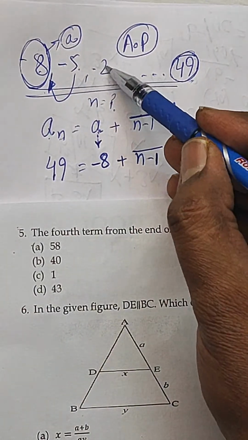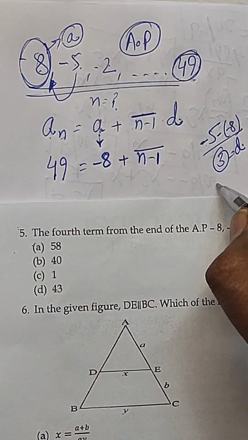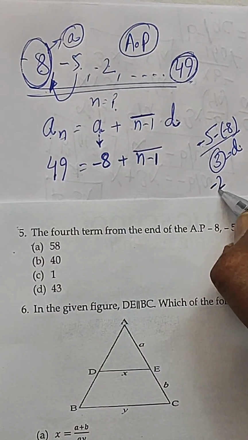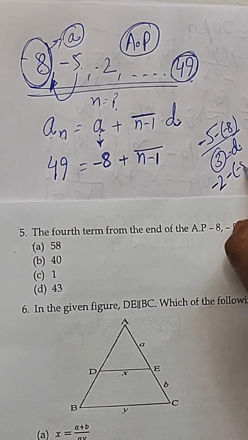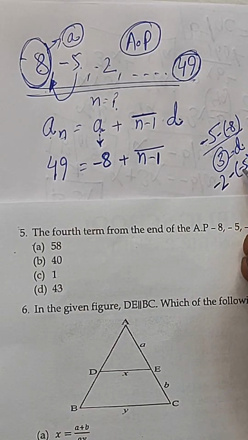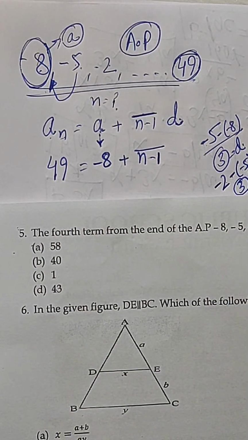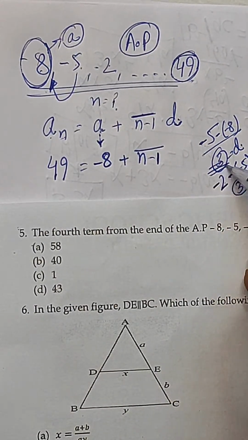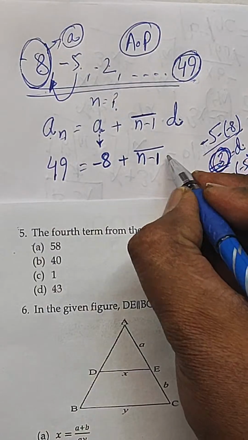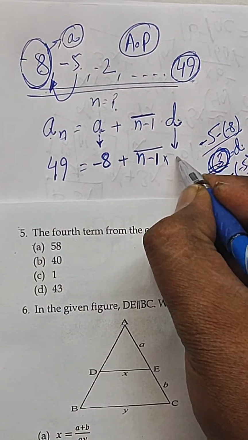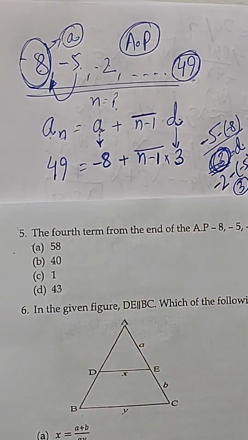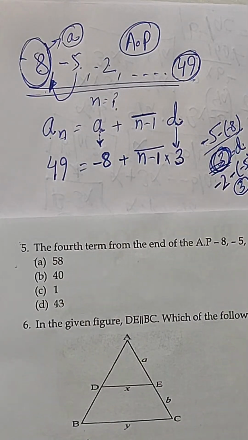Take the third term and subtract the second term: minus 2 minus minus 5, which is minus 2 plus 5, is 3. So 3 is coming again, which means the common difference is 3. Put the common difference here as 3 and solve it to get the value of n.